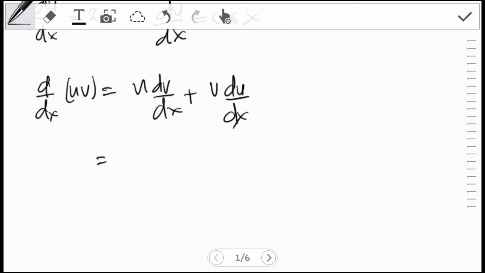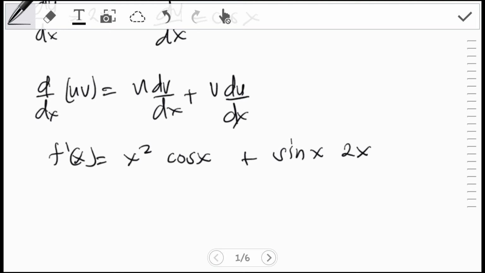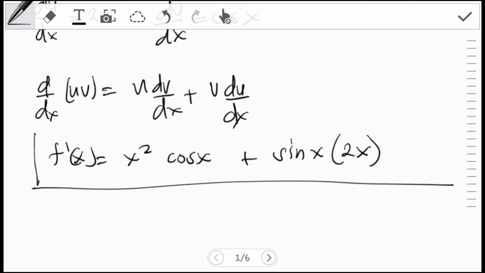So where u here is x squared and dv over dx is cosine x, plus v, which is sine x, times du over dx, that is 2x. So therefore, the first derivative of f of x is x squared cosine x plus sine x times 2x. Okay, so that is the final answer.